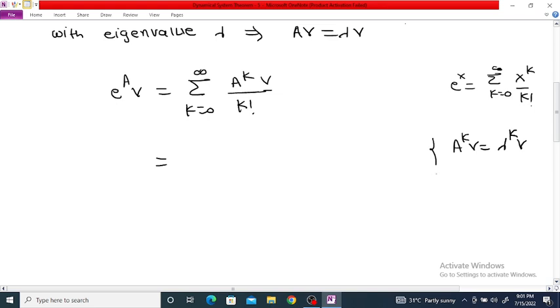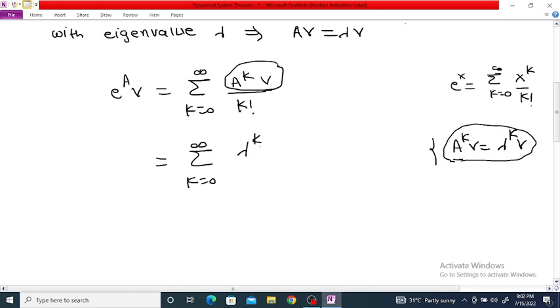In the previous video you can check this: if lambda is an eigenvalue of A, then lambda raised to k is an eigenvalue of A raised to k. So by using this we can write this as summation k equal to 0 to infinity lambda raised to k v divided by k factorial.